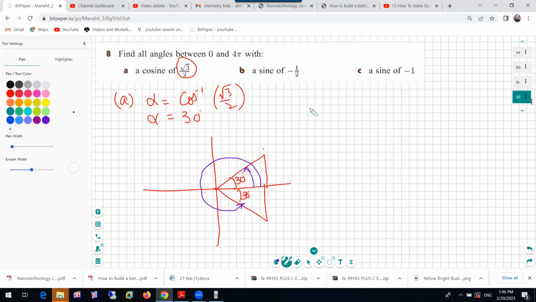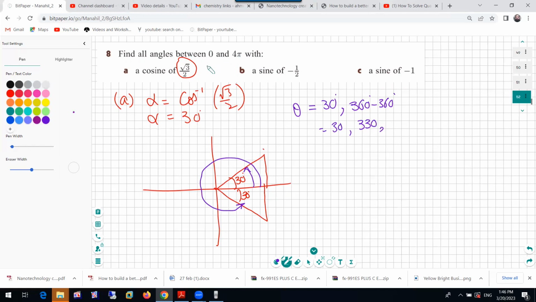Okay, I'm writing the values. Theta will be 30 degrees, the first value. What about the third? It is 360 minus 30. And we get 30 and 330.